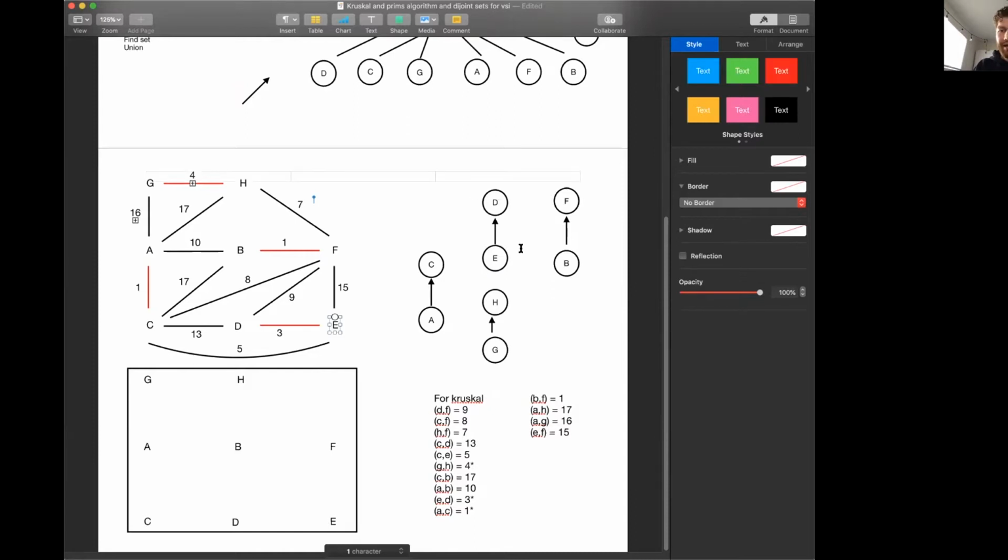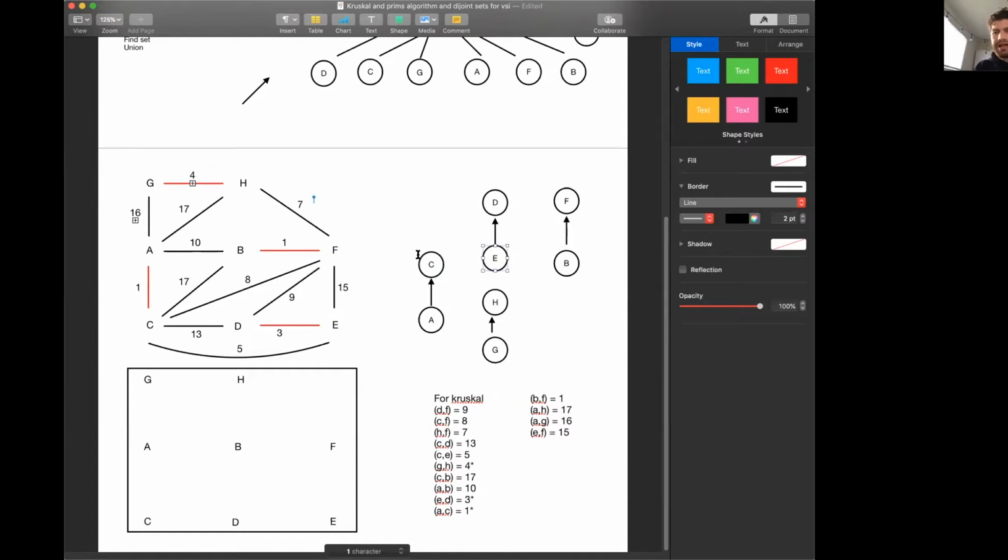Now we look at these and they have something called rank, and they have the same rank: this one has a rank of 1, and this one has a rank of 1. That's just because we added only one edge to it.